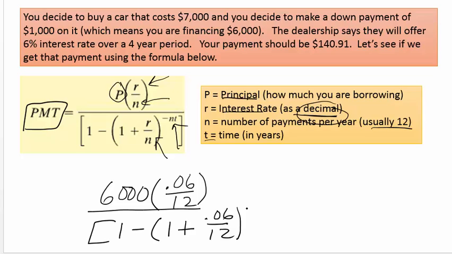And that parentheses is going to be raised to the power of negative 12 times 4, because it says negative n times t. And remember, t is time in years, and we're going to get this loan for a 4-year period. Okay, so let's see if we get $140.91 like we're supposed to using our calculator with that information.